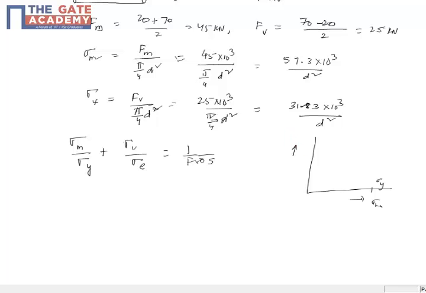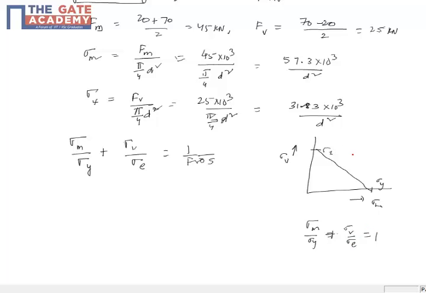On the y-axis you plot variable stress, and the limit to that is endurance. When you join these two, it becomes x by a plus y by b equal to 1. That is sigma mean by sigma y plus sigma v by sigma endurance equal to 1.